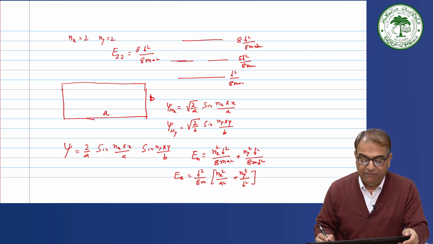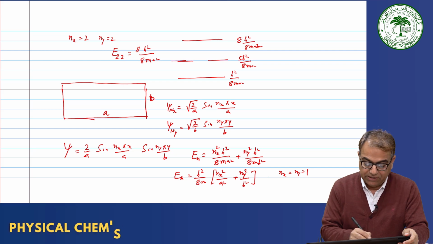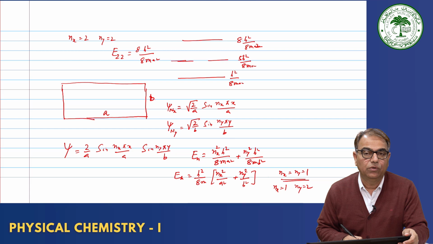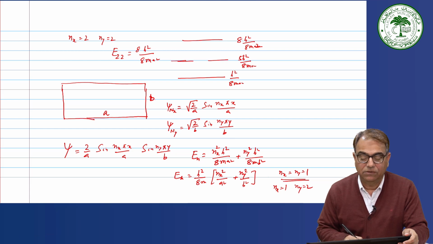If you look at the energy levels and you put nx is equal to 1 and ny is equal to 1, for this system where a and b are constant, this will give you only one energy level, 1 by a square plus 1 by b square. But if you put nx is equal to 1 and ny is equal to 2, or nx is equal to 2 and ny is equal to 1, you will get two different values.